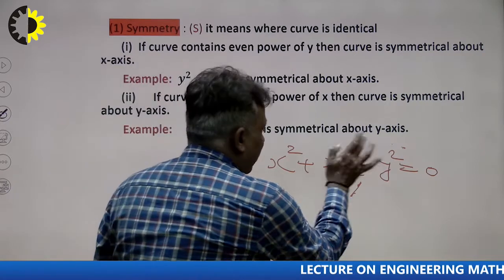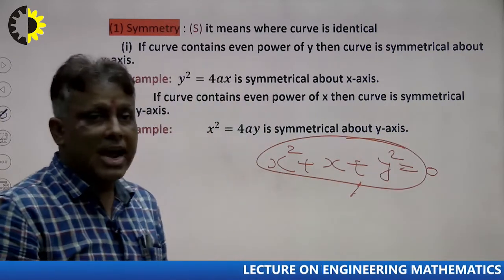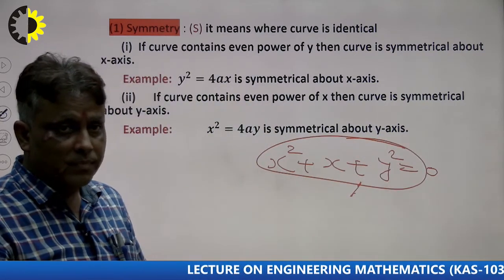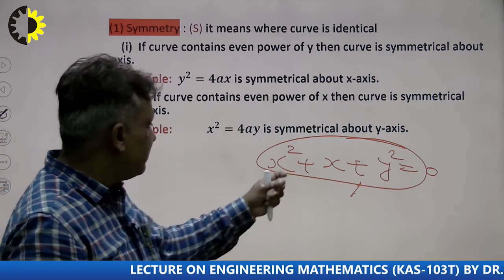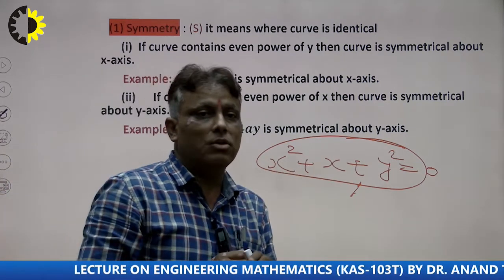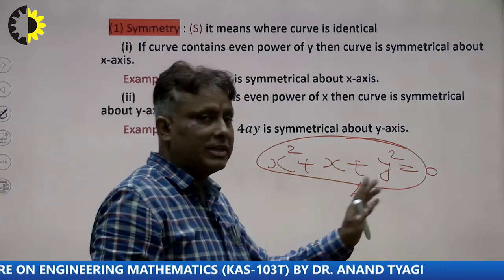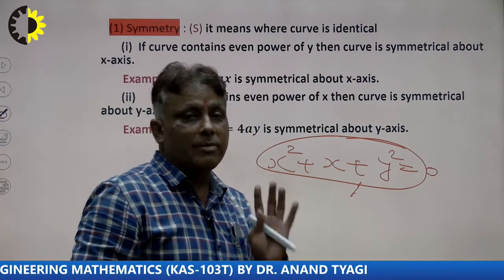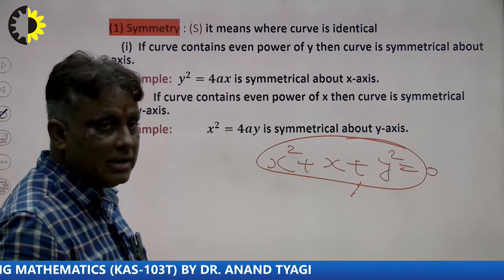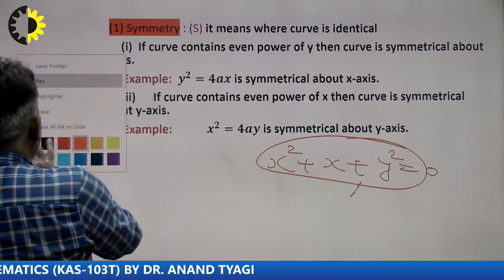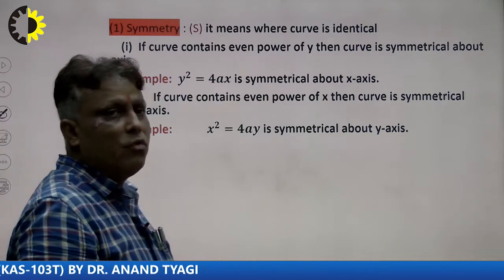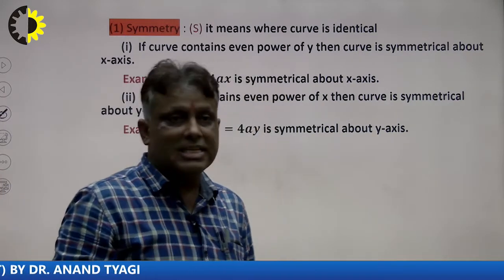There is an even power of y only, right? x does not contain an even power, because there is power 2 and there is power 1. So we cannot say that x contains an even power, only y contains an even power. Therefore this curve will be symmetric about the x axis, right? So we can say that with the help of symmetry we have an idea where the curve will be identical.